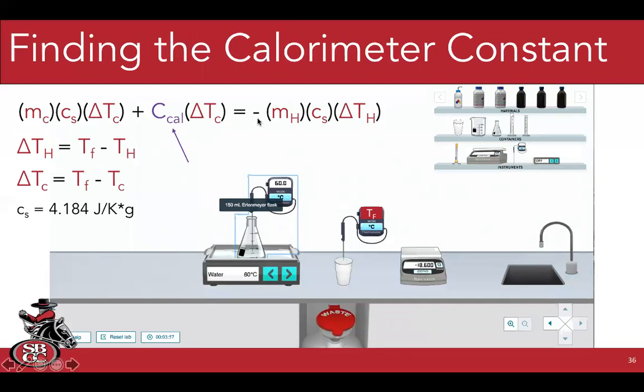We have to account for that because the water has a specific heat capacity. For every gram of water, it can take in more or less energy. But you could absolutely do this with a different amount. You could have 50 grams of hot water and 76 grams of cold water, mix them and get a final temperature, and you could back calculate the same calorimeter constant. But that's just confusing.